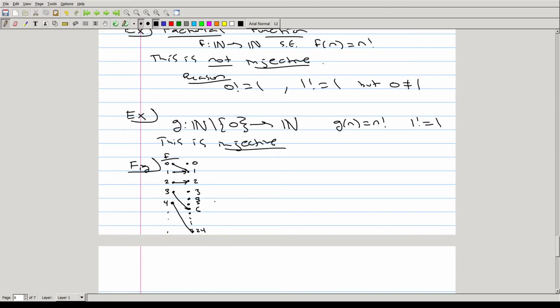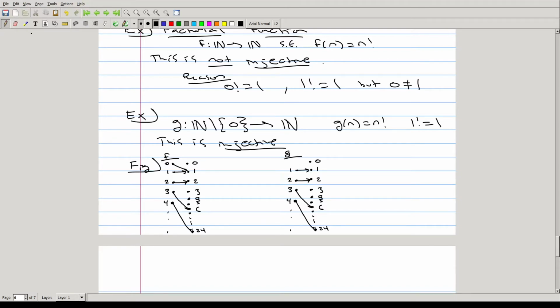You see that the only double mapping that we have for the factorial function is when 0 goes to 1. So if you remove this, like I did in this example right here, and you consider just the subfunction on a subdomain, you remove one bad element from the domain of the function and consider a new function, g, without 0 in the domain.